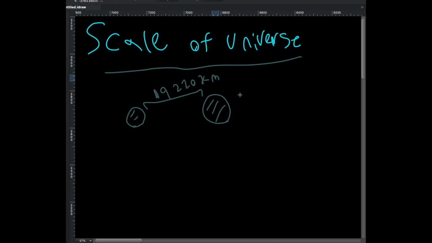Now you have to search up in miles, but this is the kilometers, or approximately 1.922 times 10 to the 4th. That's it. Okay.